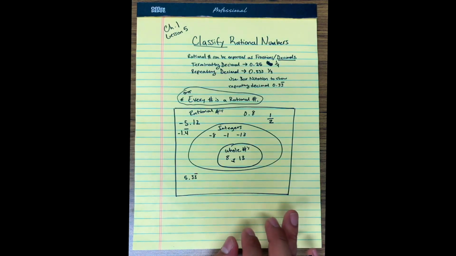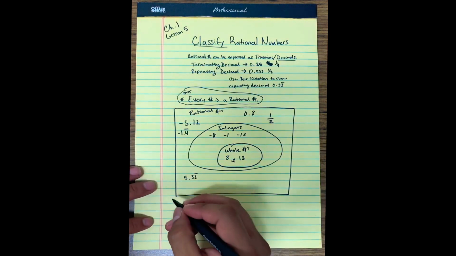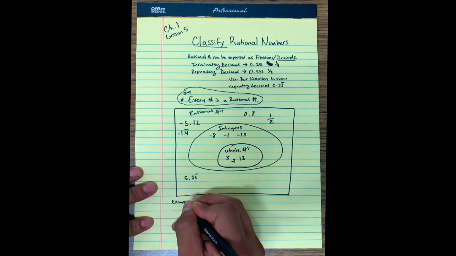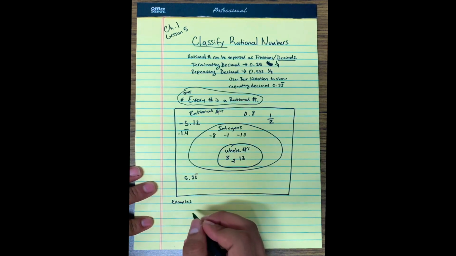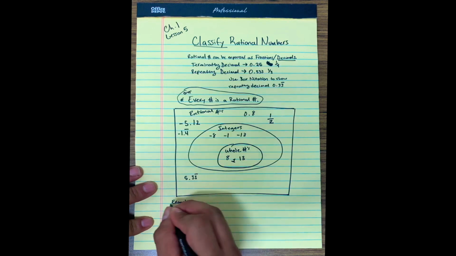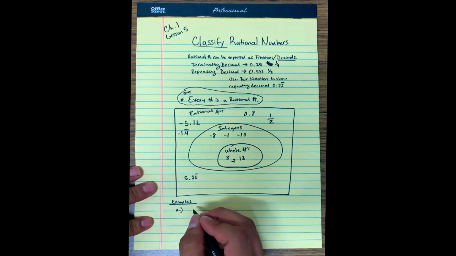You don't see those in the integer section, do you? You don't see those in the whole number section, do you? Nope, you don't. Because a rational number is like 8/10, 1/2, 5 and 33/100, -1 and 4/10, -5 and 12/100.